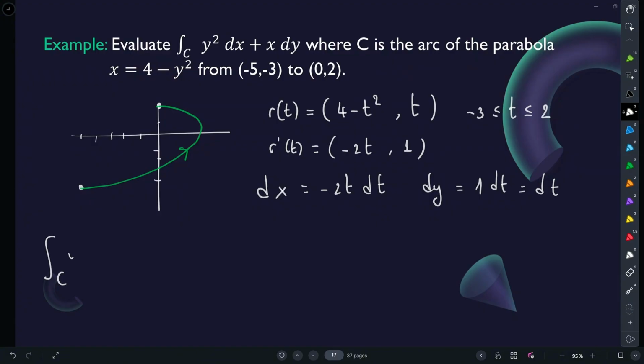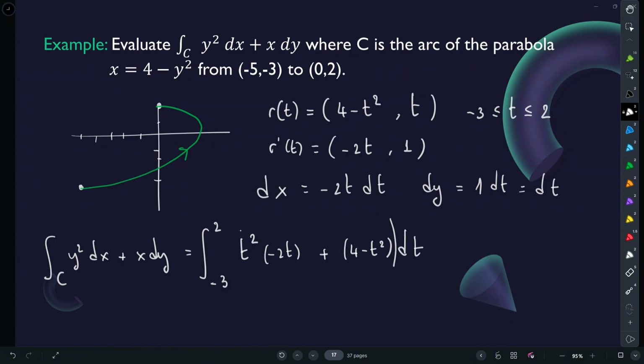The integral of y squared dx plus x dy is going to be the integral from time -3 to time 2 of y squared. y in here is just t, so this is t squared dx. I have to multiply by -2t dt, plus x. The x coordinate is 4 minus t squared times dy, but dy is 1 dt, so it's just dt overall.